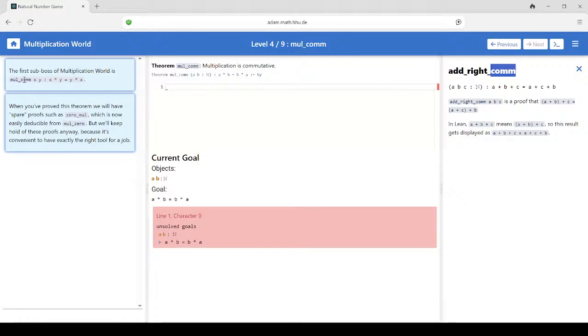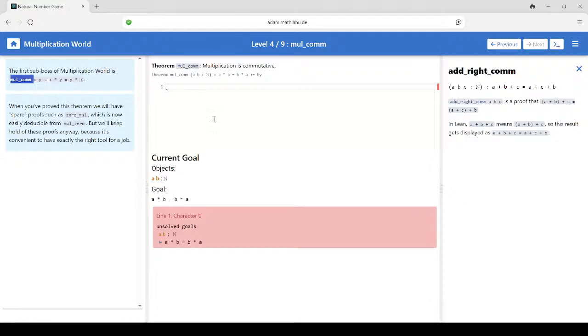So we're going to prove the multiply commutative theorem. When you've proved this theorem, we will have spare proofs such as zero multiply, which is now easily deductible from multiply zero, but we'll keep hold of these proofs anyway because it's convenient to have exactly the right tool for a job.